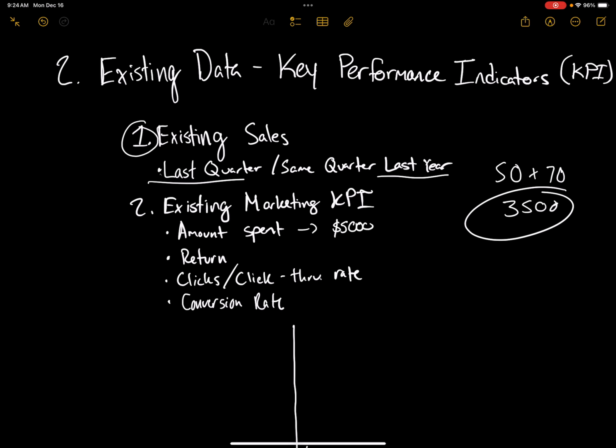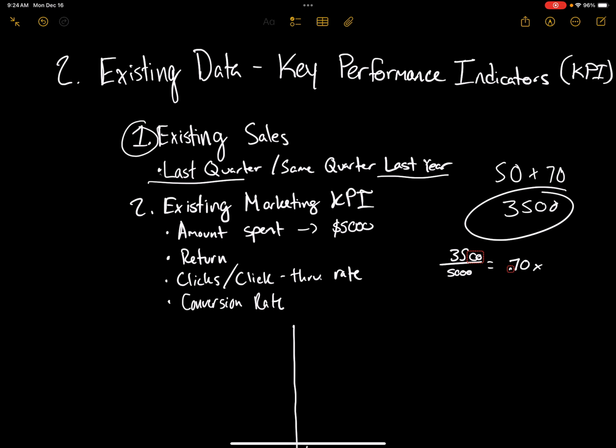Well, that's obviously in the red, no? Because 3,500 divided by 5,000 should be somewhere in the ballpark of a 0.7x return on marketing. That's not great, but it's not abnormal for new businesses, especially whenever you have zero brand awareness.